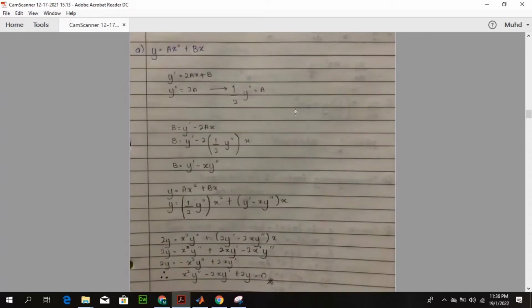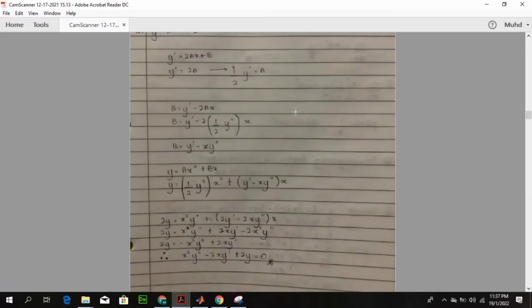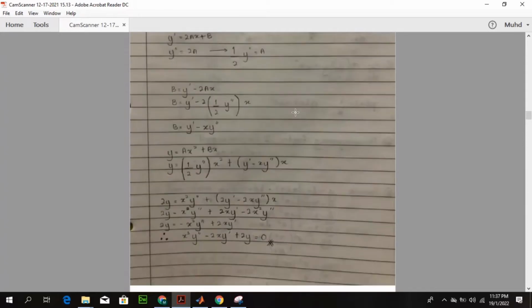Okay, the next step is b equal to y prime minus 2ax. And then b equal to y prime minus 2 in column 1 over 2 y double prime, times with x, and we get y prime minus x y double prime.